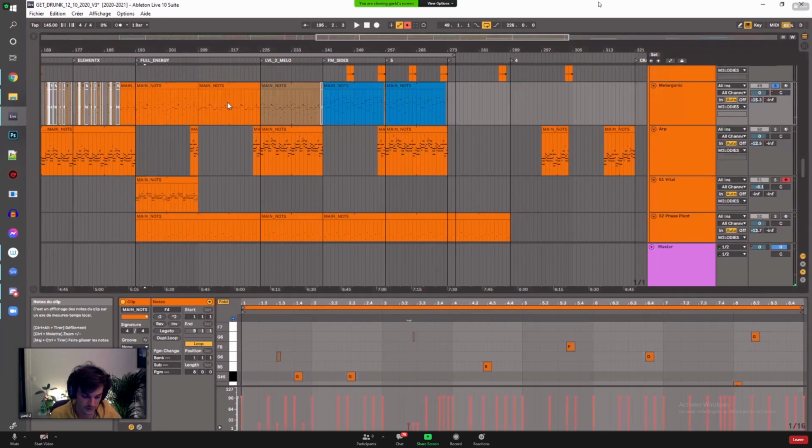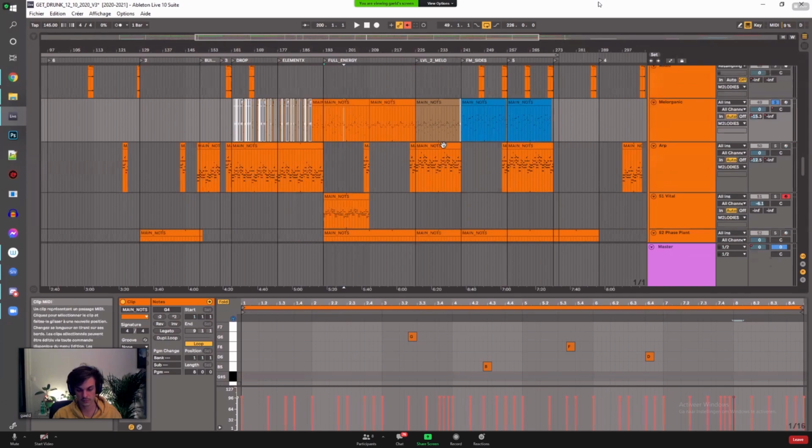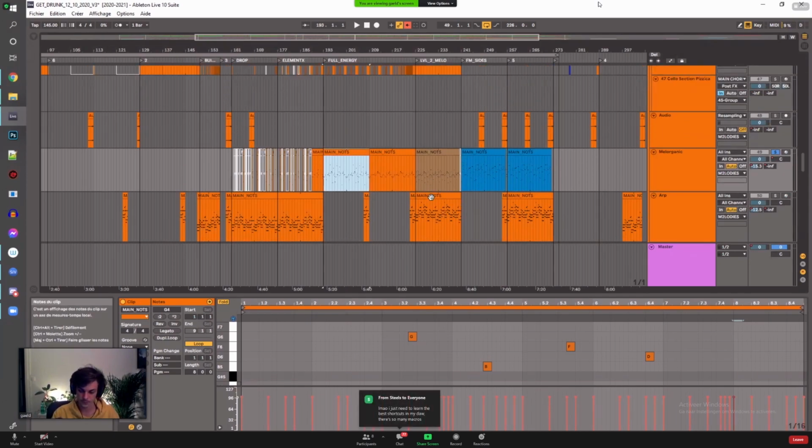And yeah, basically that's my process to reach melodies and cohesivity between my chords, my melodies, and all my other elements. Because, as I said, everything is based on my chord progression.